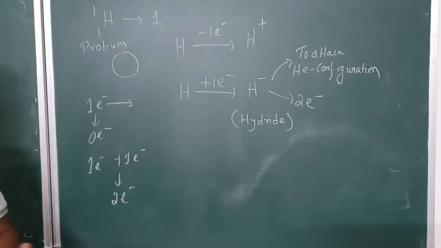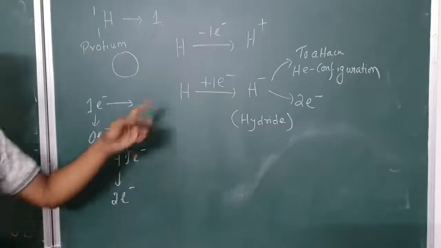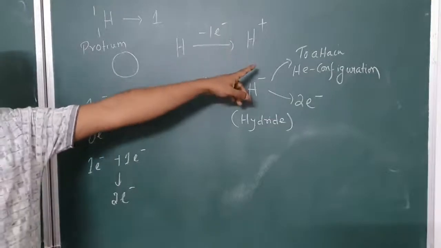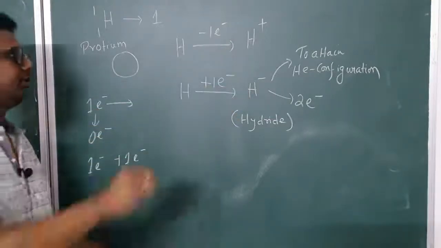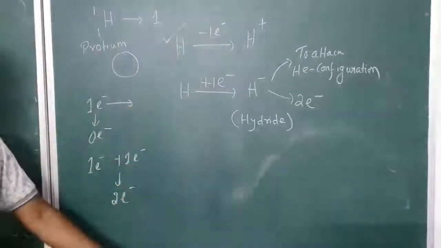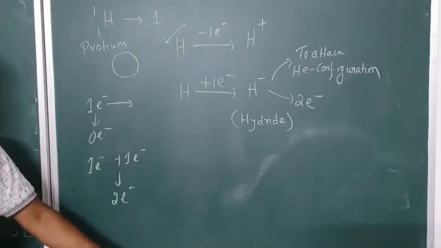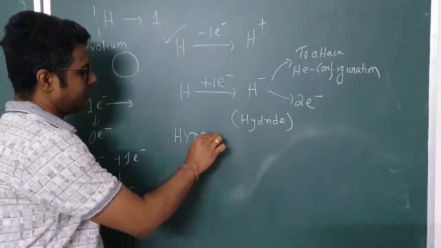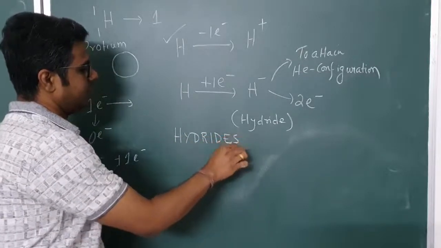So both are stable forms. H plus is also stable, H minus is also stable. Whenever H donates 1 electron, it becomes H plus. This is the most common phenomenon, okay? Normally hydrogen follows this method in most cases. So hydrogen has a plus oxidation state, you can take it as plus charge in most of the compounds, except compounds which we call hydrides.